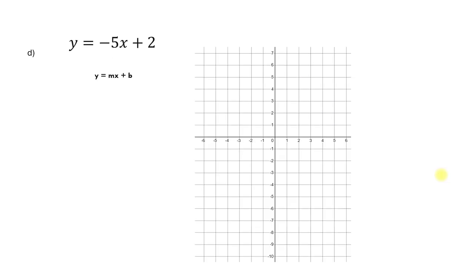Next question gives us an equation of y equals -5x plus 2. Our b value, or y-intercept, is 2. We'll plot that. And now, starting from this point, we see that we have a slope of -5. So for every 1 unit over, we'll go down 5 units.